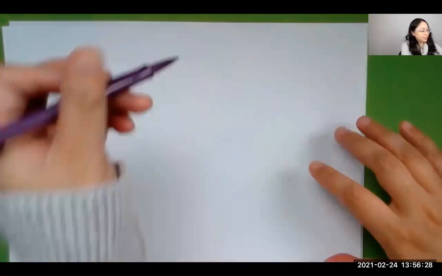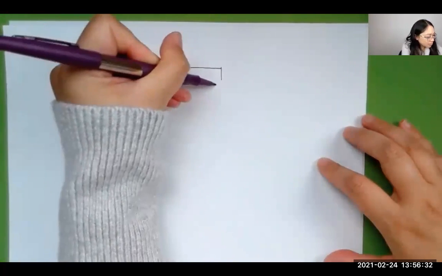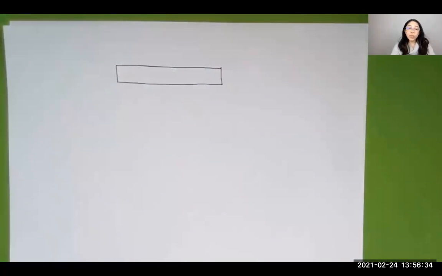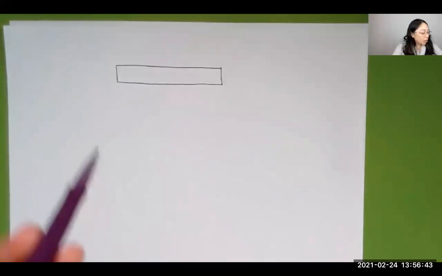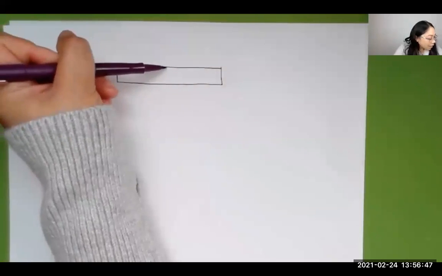We can start by drawing a long rectangle, just like this. And we're going to break it into 5 parts. And we're going to try to make those 5 parts as equal as we possibly can. What I like to do, because 5 is an odd number, I don't split it right down in half.